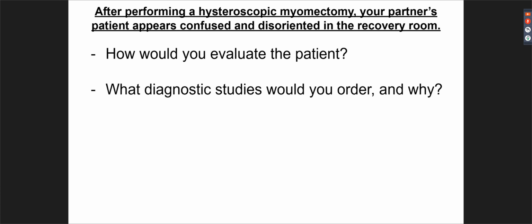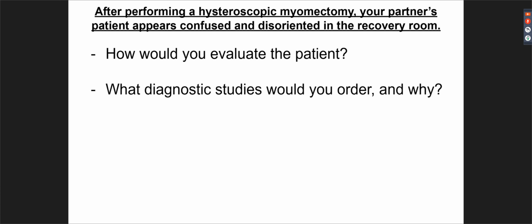I'm sorry, which type causes electrolyte imbalances? The hypotonic. With hypotonic there will be a tendency for third spacing because it's hypotonic in reference to the plasma of the patient.